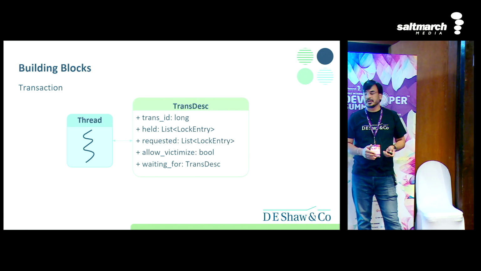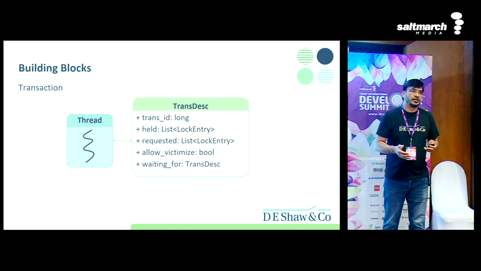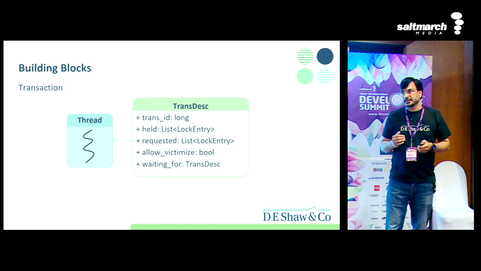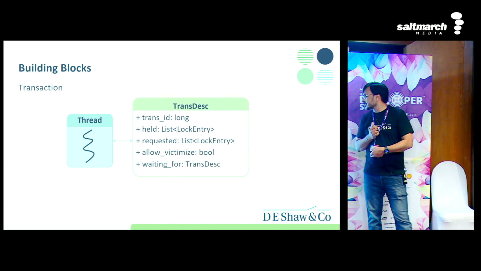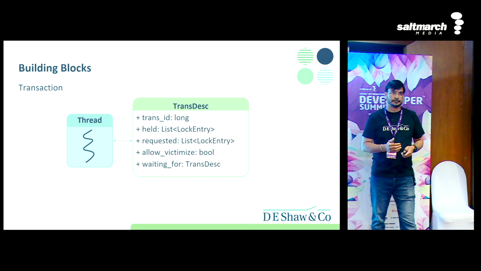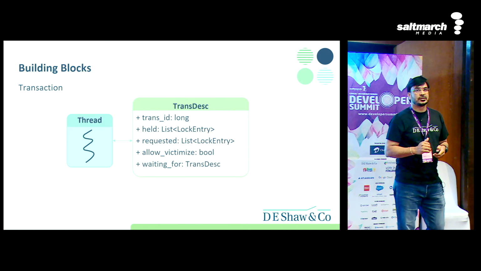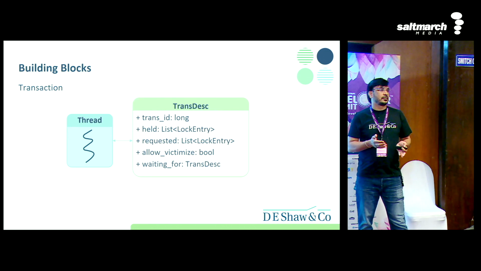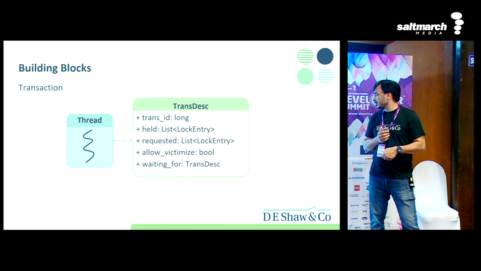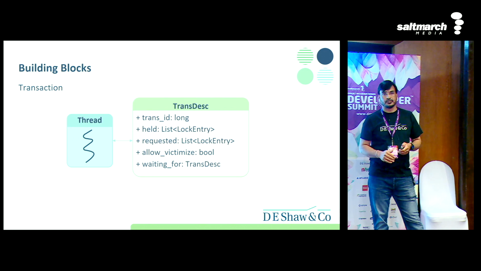The transaction descriptor has an ID, a typical ID to identify any transaction. It has the held list, which lists the locks that it is holding. Similarly, it will also have the list of locks that it is waiting for, and whether it is following the in order, try, or retry strategy. Depending on that, the allow victimize flag will be set.